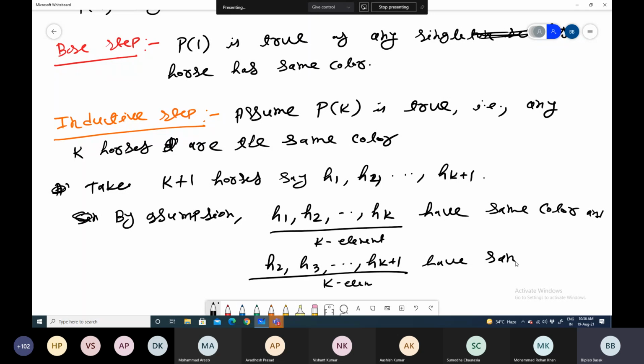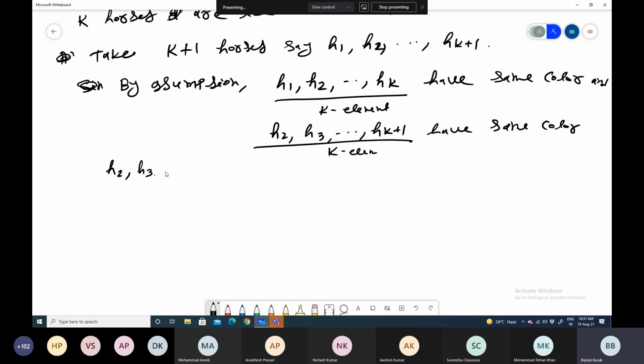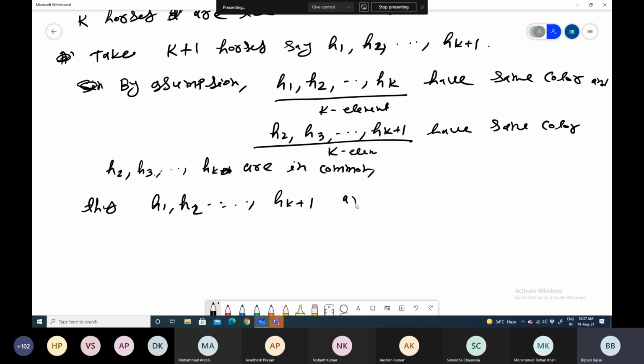And h2, h3 up to hk, sorry, are in common. Right? So that means h1, h2 up to hk plus 1 are the same color. Right? So that implies Pk plus 1 is true. So any k plus 1 horses are the same color.